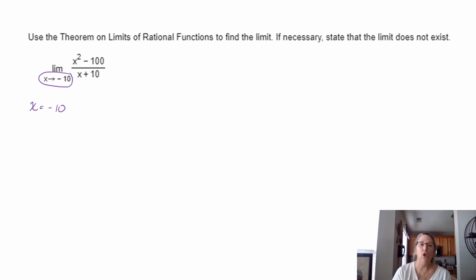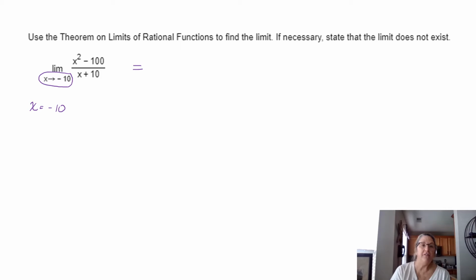So when we're looking at something in rational form, I say first you want to factor the numerator and the denominator to see if, in fact, anything will cancel.